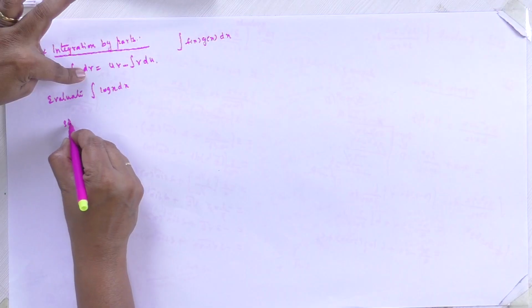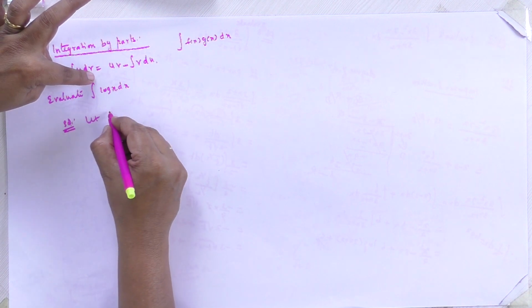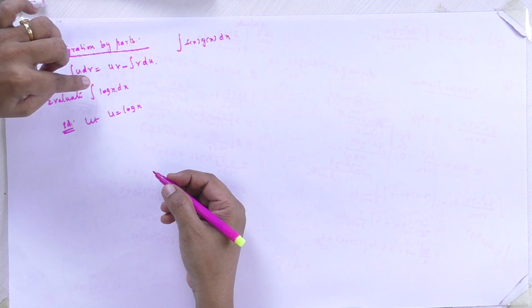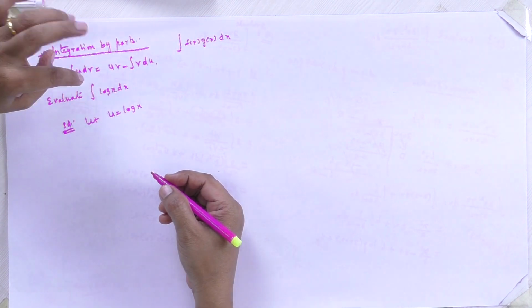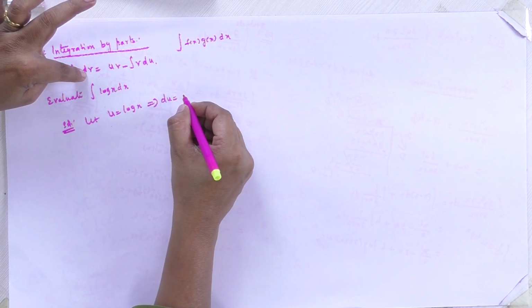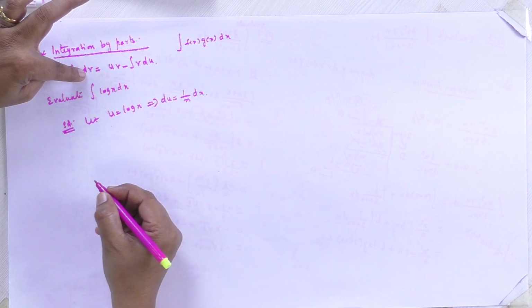Here is the solution. Let us consider u equal to log x, because we don't know the integral formula for log x. By using integration by parts only, we can find the formula for integral log x into dx. That implies du equals the differentiation of log x, which is 1 by x into dx.